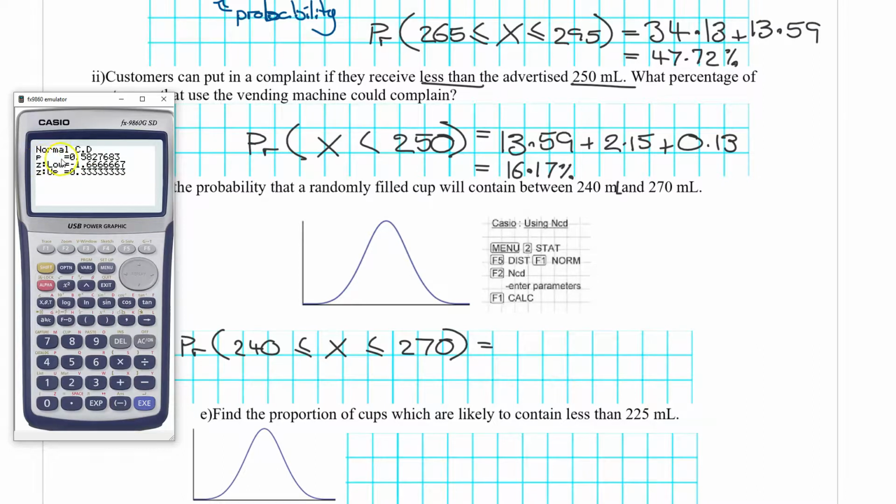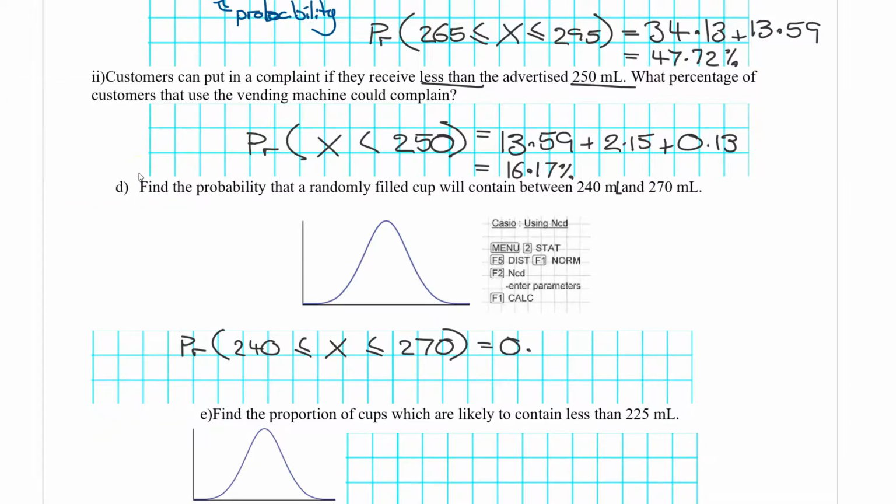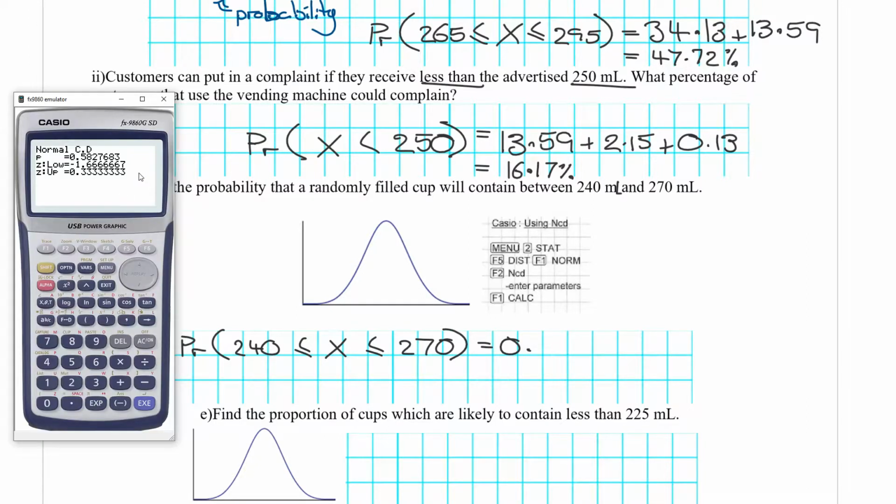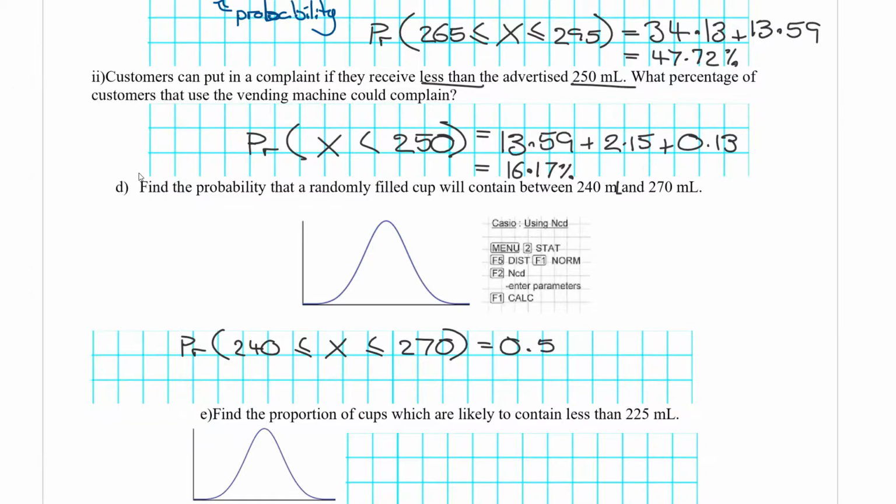So probability is 0.5827683. So we put that as 0.583, and then writing that as a percentage, we'll say it's roughly 58.3%. So 58.3% of the cups will be filled between 240 milliliters and 270 milliliters.